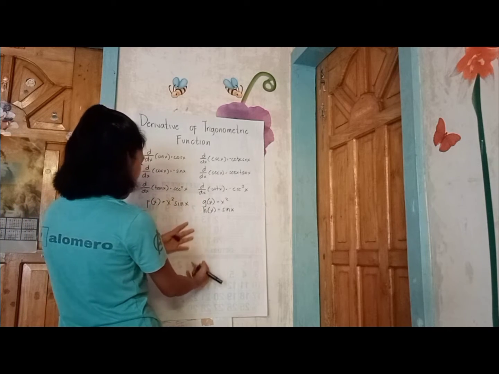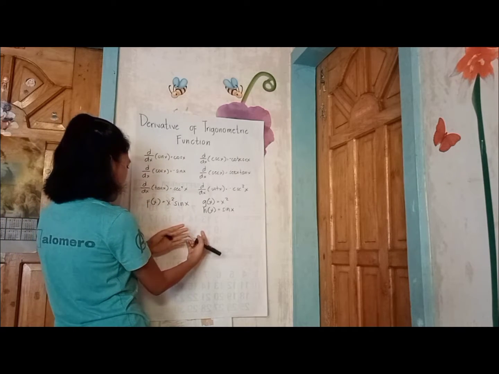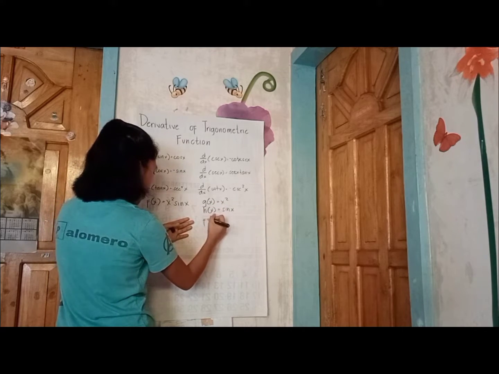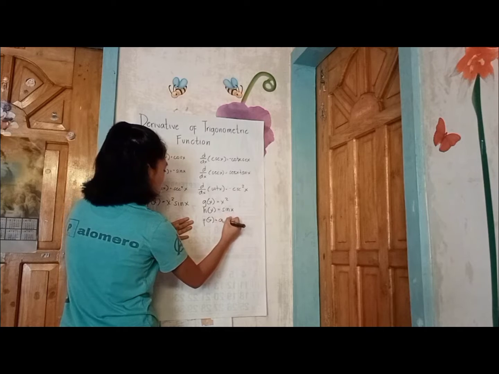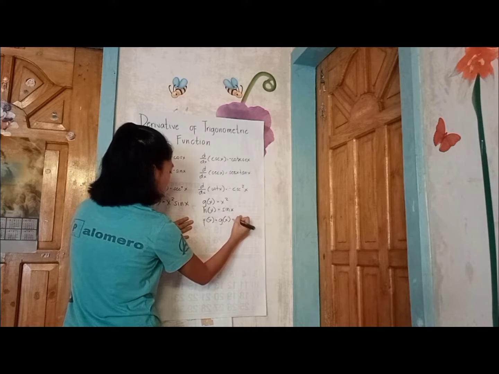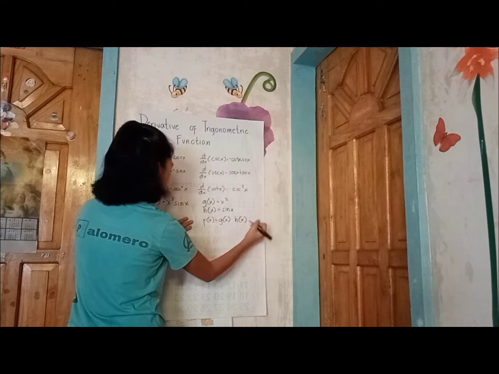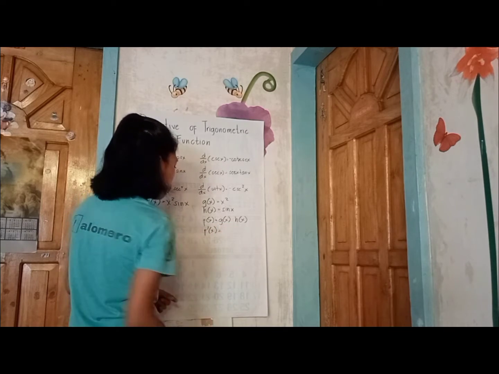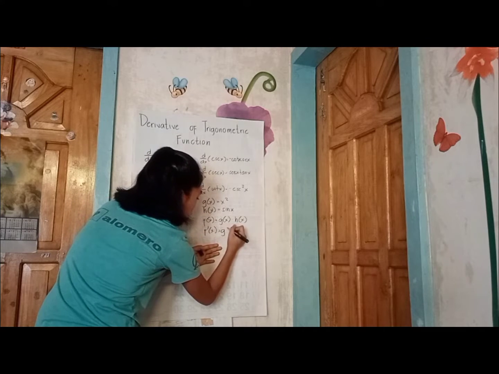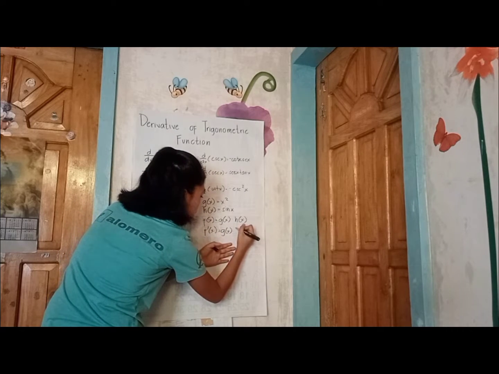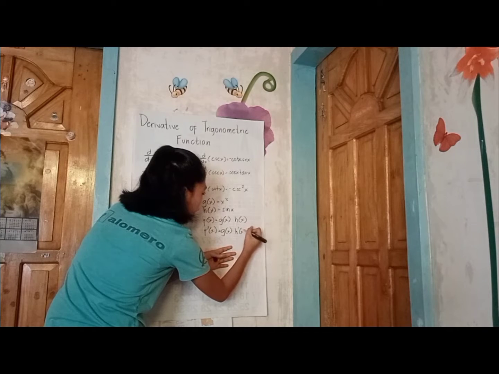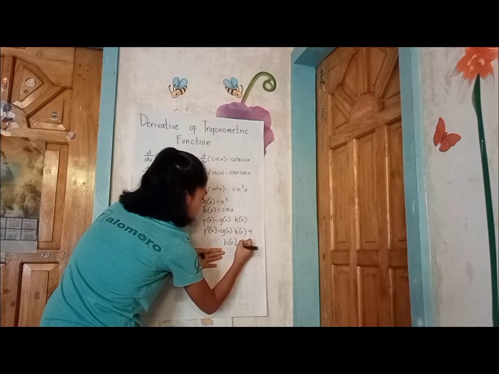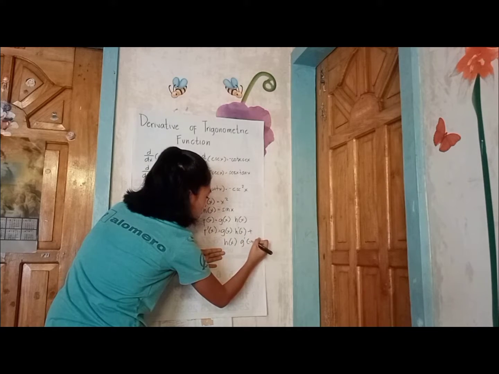Our product rule is, first, this means that f of x is equal to g of x times h of x. Therefore, f prime of x is equal to g of x times h prime of x plus h of x times g prime of x.